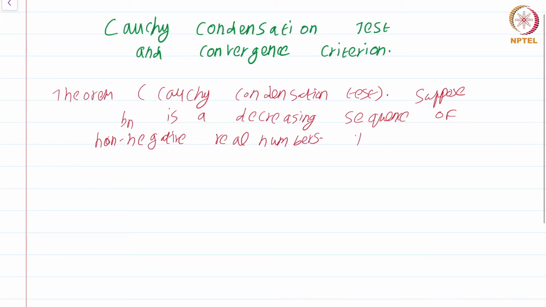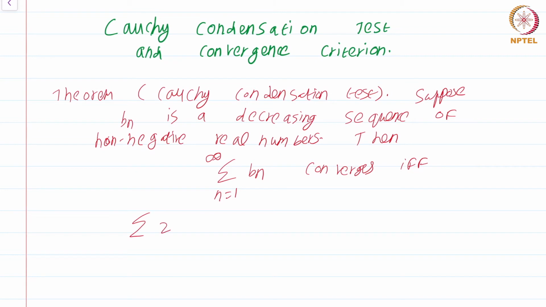Then summation n equals 1 to infinity Bn converges if and only if summation 2 power n b 2 power n converges.